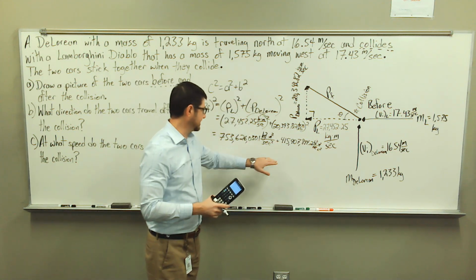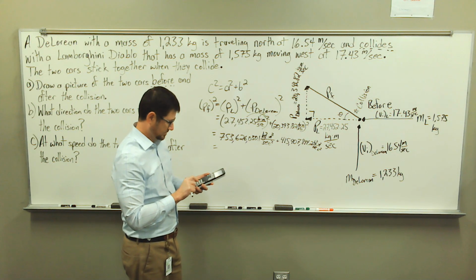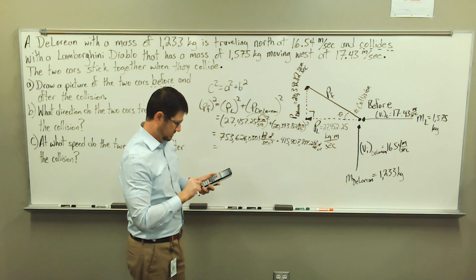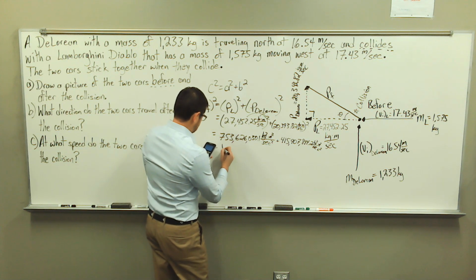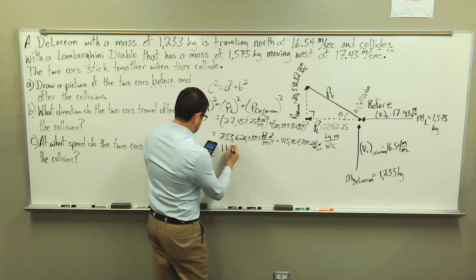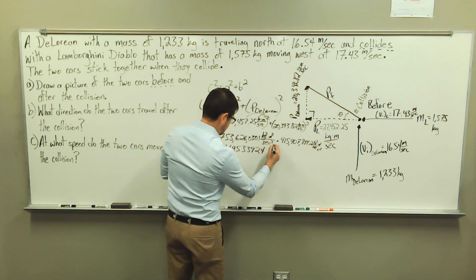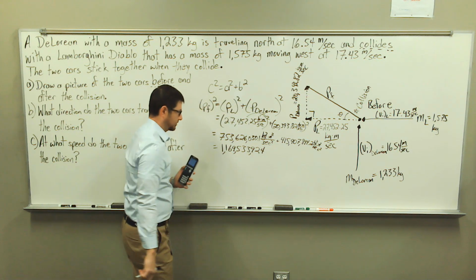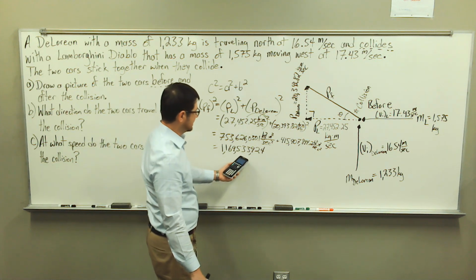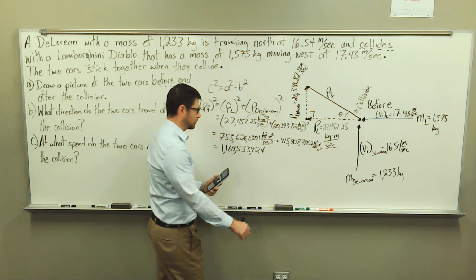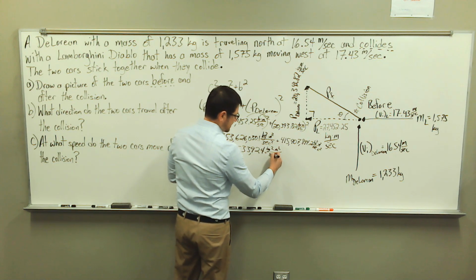So let's go ahead and add these two values. All right, so we get a very large number here, 1,169,533,924, and we have units of kilograms squared meters squared per second squared.